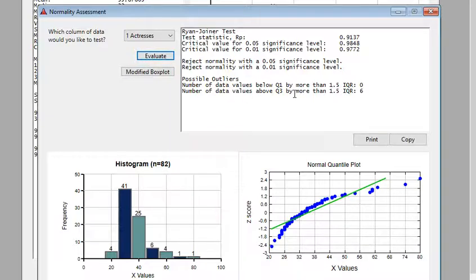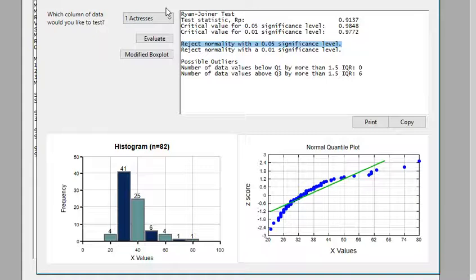Now a lot of this output won't make much sense to you, but one thing that you can appreciate is that it's telling you to reject the normality assumption, that it just doesn't make sense for us here with this data set. It seems to go a little bit outside of what we would believe. So I'd have to consult with Triola to find out which actual test he's implementing here.